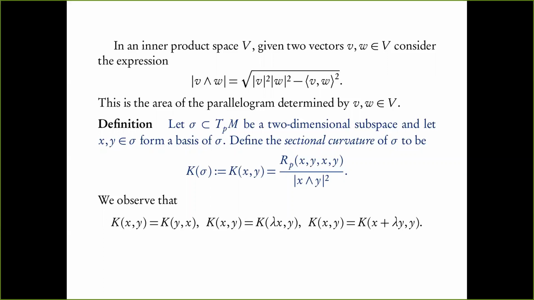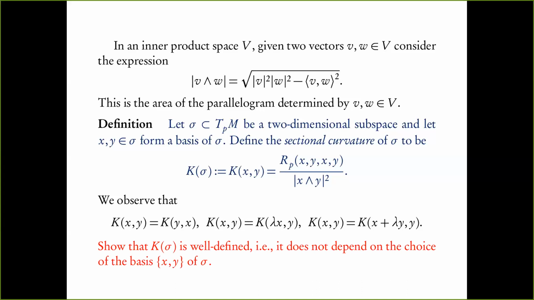And the numerator is the same because we have seen that whenever you have two repeating indices in the first two slots or in the last two slots, the Riemann curvature is 0, by skew symmetry. This is something you should be absolutely okay with, because we talked so much about the symmetries of the Riemann curvature. So K satisfies all three properties. Now, armed with these three observations, you can show that K of sigma is indeed well defined, meaning it does not depend on the choice of the basis x, y.